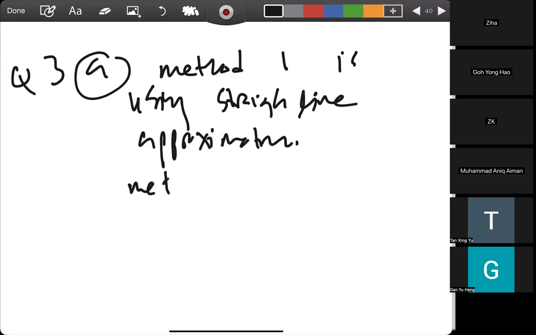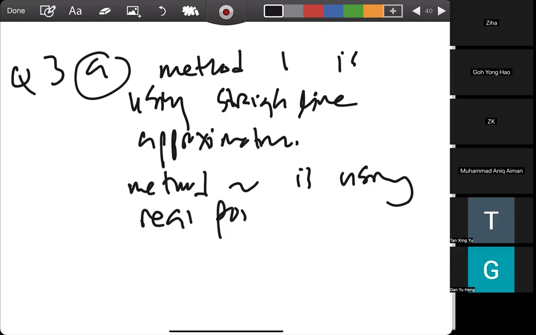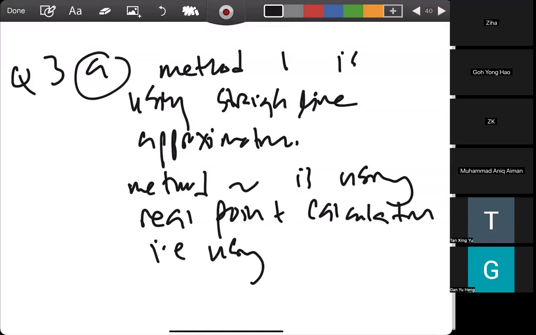Method 2 is using real point calculation, that is, using a computer. You have to use a computer.